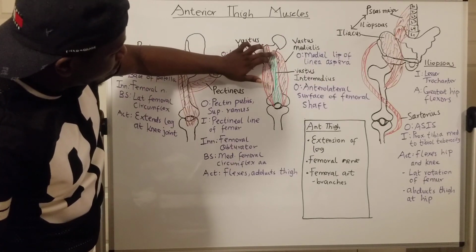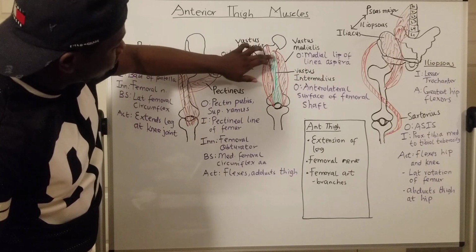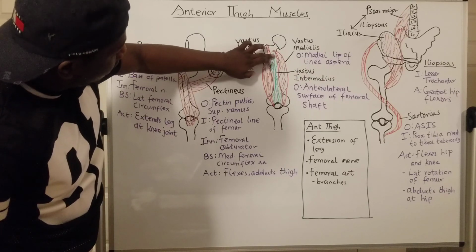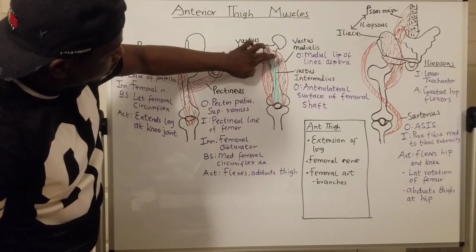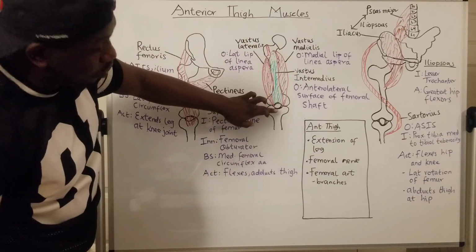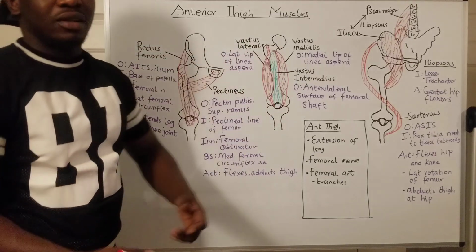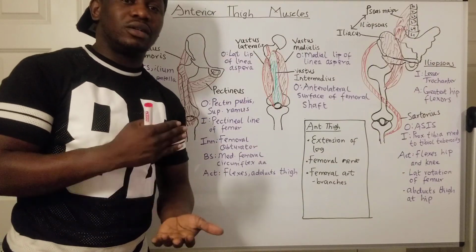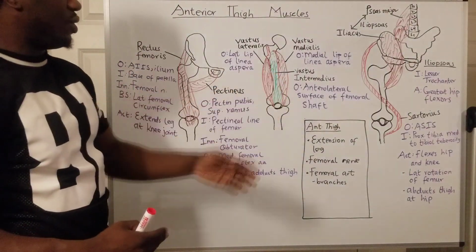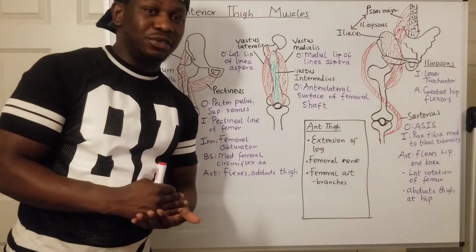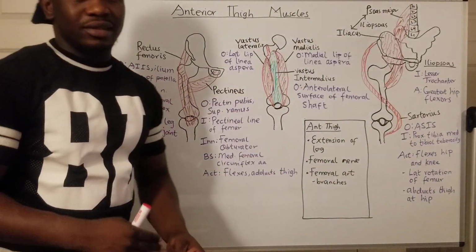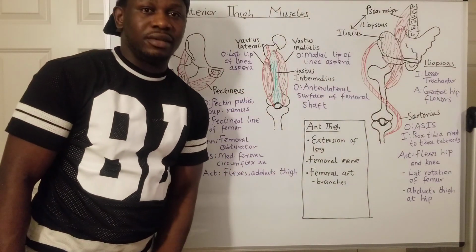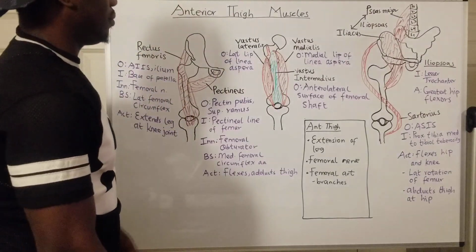So anterolateral surface of the femoral shaft, and then it will have the same common insertion. All right. So what's the nerve? Femoral nerve. What's the artery? Femoral artery. What's the action? Extension of the leg at the knee joint.